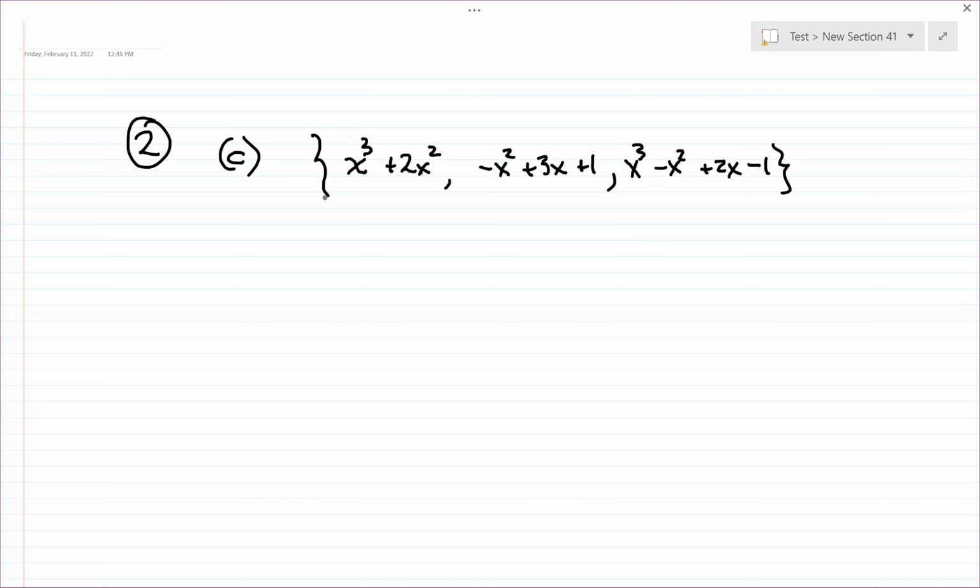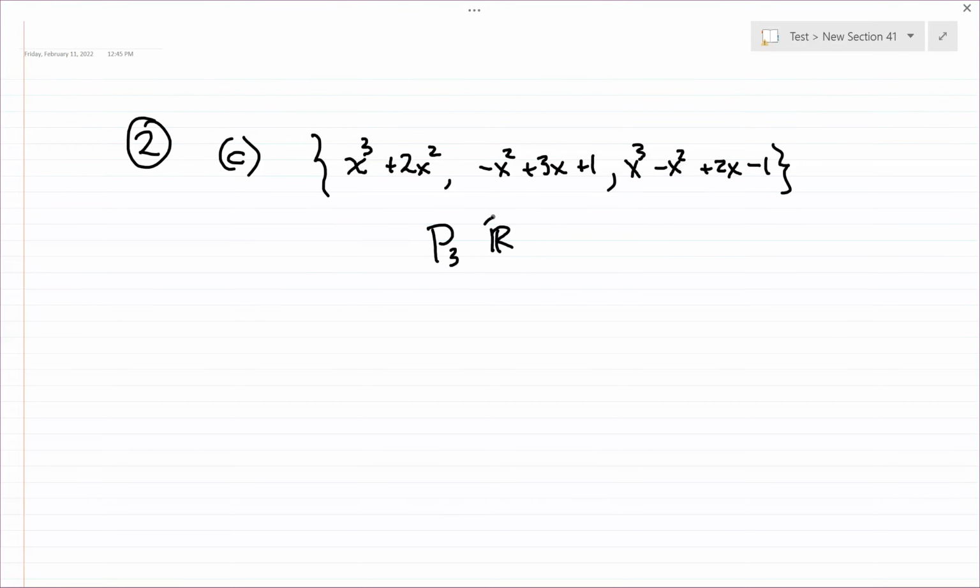So I have a set of three polynomials. Two of them are third degree polynomials, and one of them is a quadratic. I'm just checking to make sure I didn't mess them up. I think it's okay.